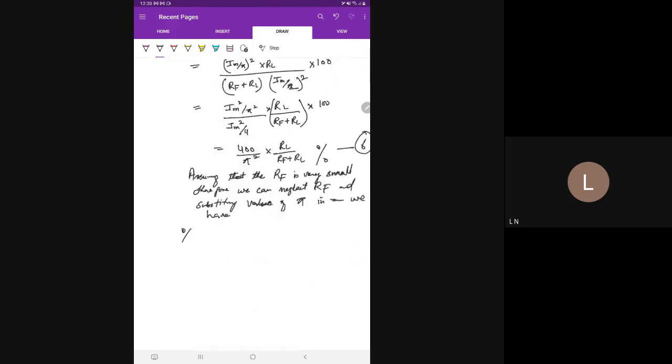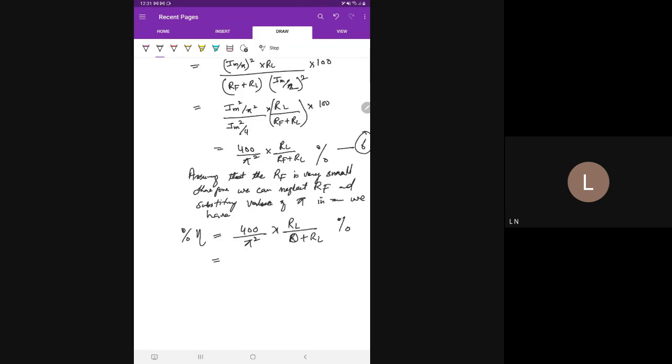We'll obtain the percent efficiency will be equal to 400 divided by pi square. Okay, pi square we have to substitute the value, but Rf has to be neglected. So Rf will be equal to 0. Okay, it will be 0 plus RL. It will be RL.